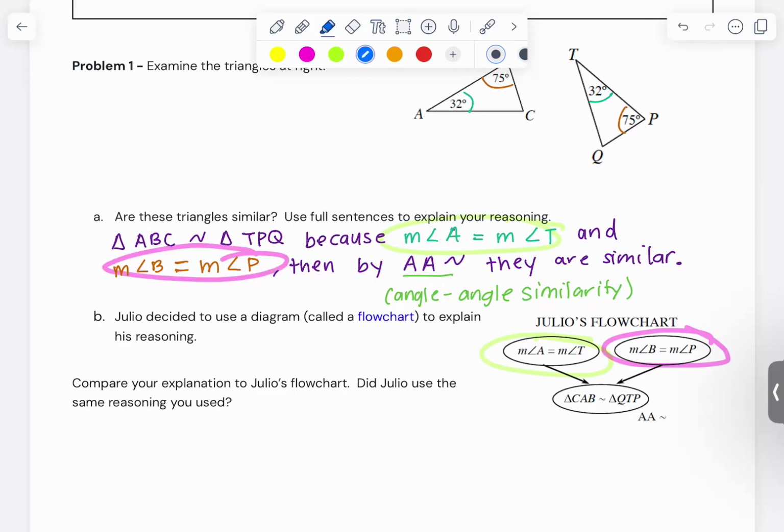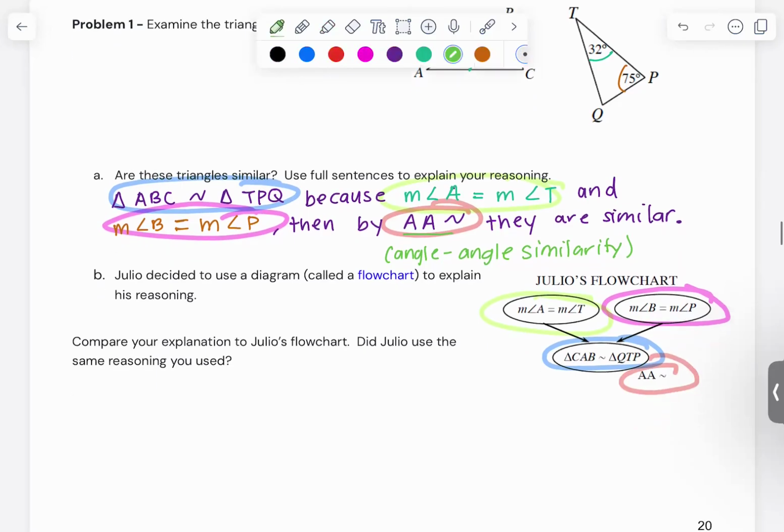They wrote theirs a little bit differently, but we essentially said the same thing. They just wrote their letters in a different order. Okay, and then we also said by angle similarity. So yes, we use the same reasoning. That's the short answer. Yes, we used the same reasoning.